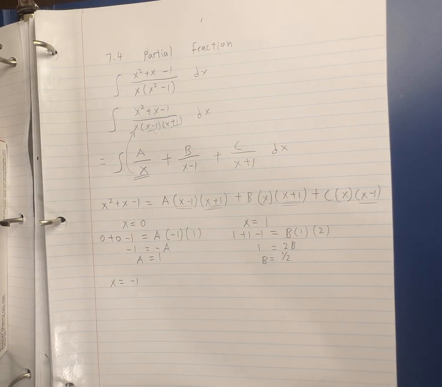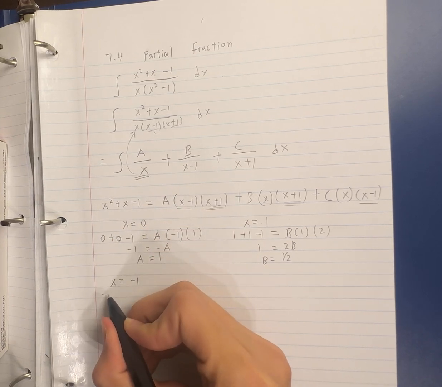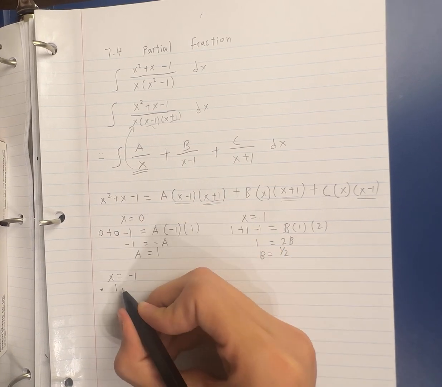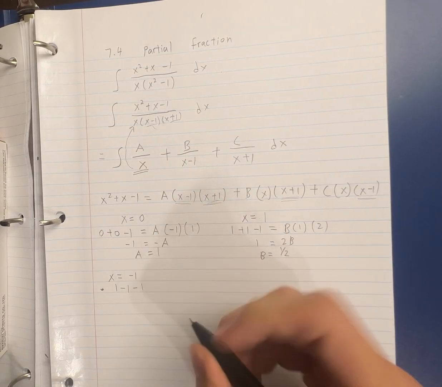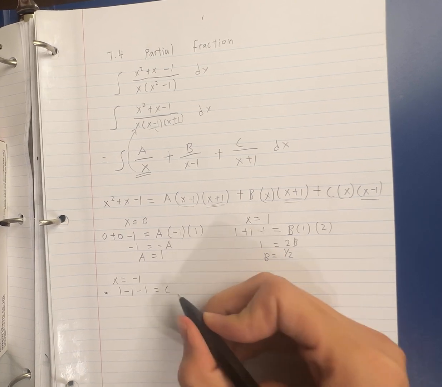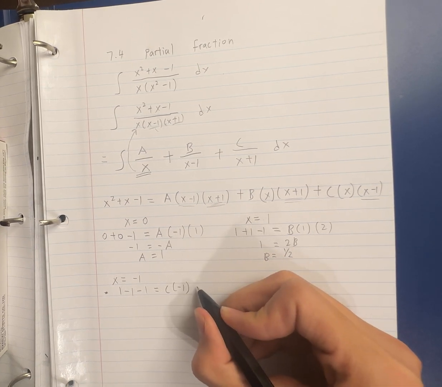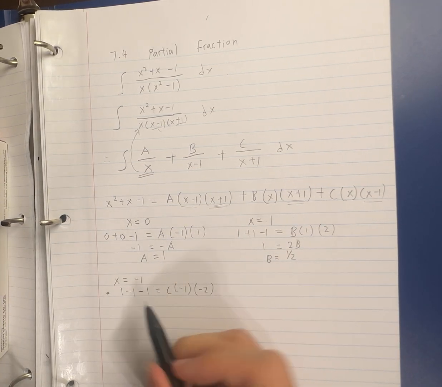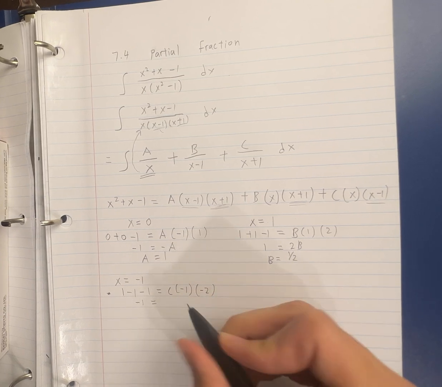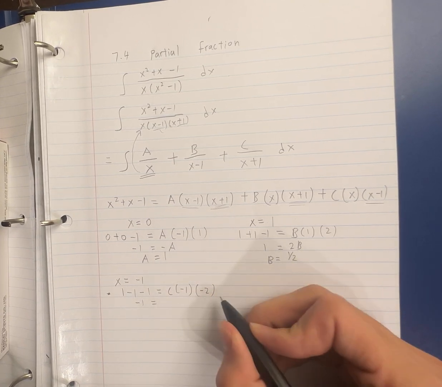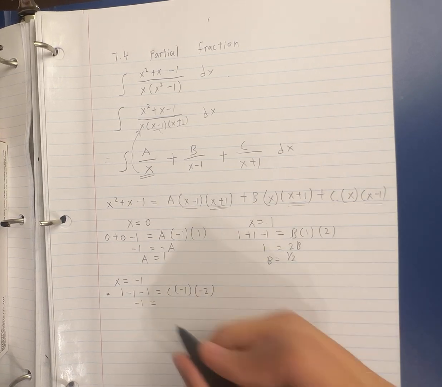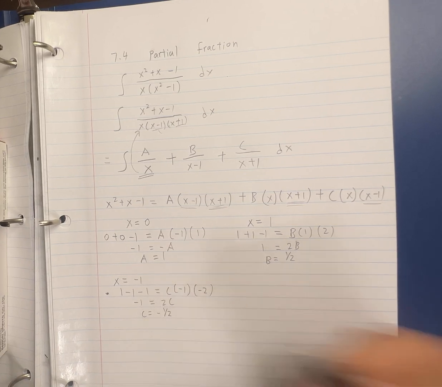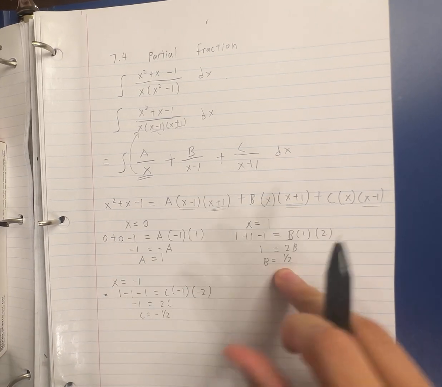So if I set it as negative 1 and plug in over here, negative 1 squared is 1, minus 1 minus 1 equals C times negative 1 times negative 2. 1 minus 1 is 0, minus 1 is negative 1, equals negative 1 times negative 2, which is positive, so 2C. And C equals negative 1/2. Now I have A, B, and C.